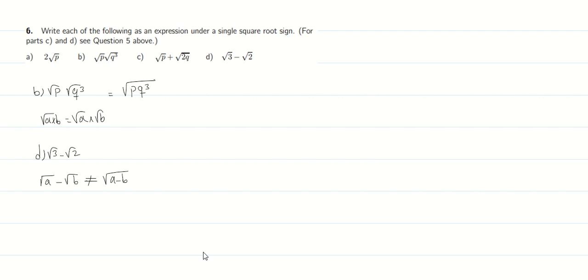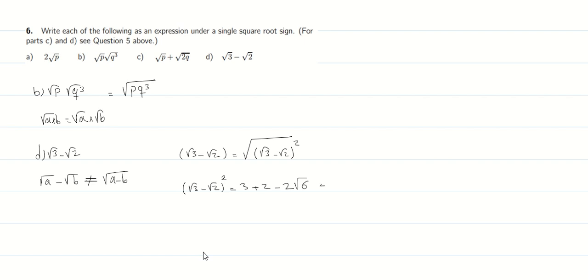So based off what we learned on question number 5, we can say that the square root of 3 minus the square root of 2 is equal to the square root of 3 minus square root of 2 squared. And now based off the question number 5, we know that the square root of 3 minus the square root of 2 squared would be equal to 3 plus 2 minus 2 square root of 6.